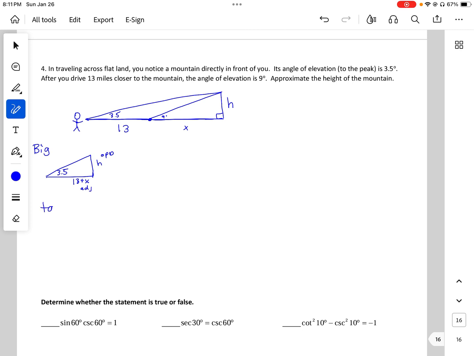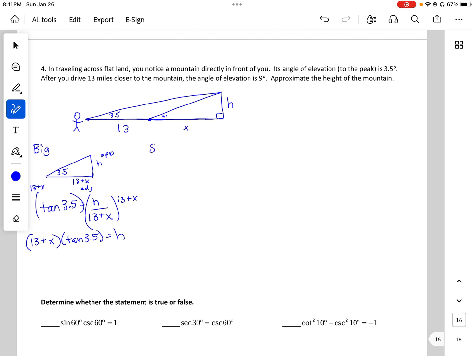So we have tan of 3.5 equals h over 13 plus x. Okay, so let's just see what we can do to get h by itself. So 13 plus x times tan of 3.5 is going to give us h. All right, let's let that be for a minute.